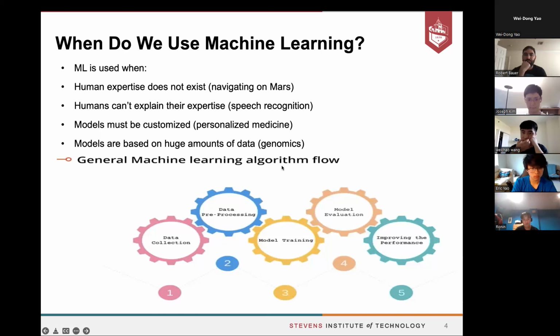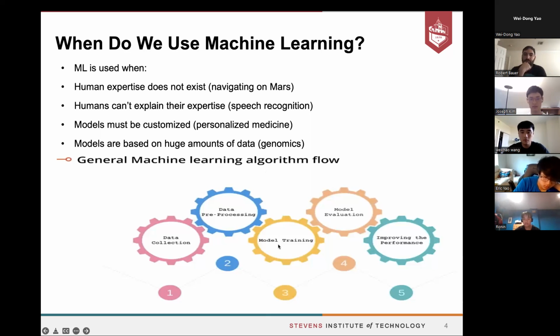So the basic workflow of a machine learning algorithm. The most important part is data collection. We need to collect our data. Then our data needs to be pre-processed. We won't get good data every time, so we need to process our data based on our business case.